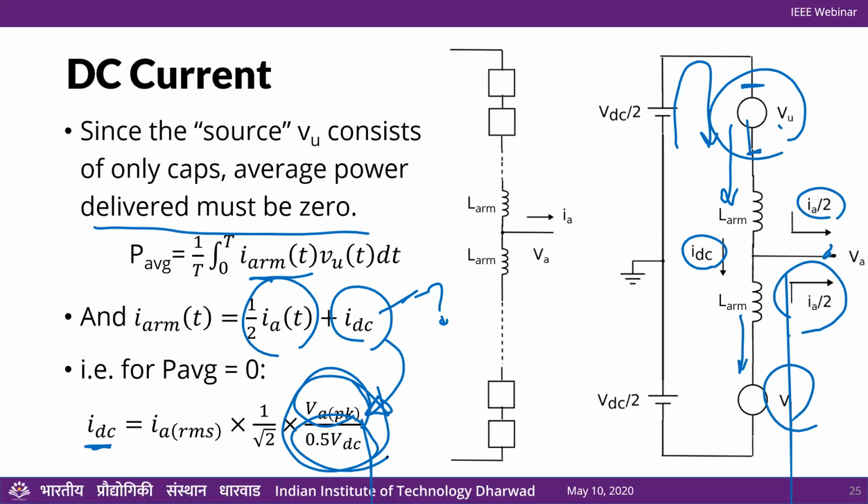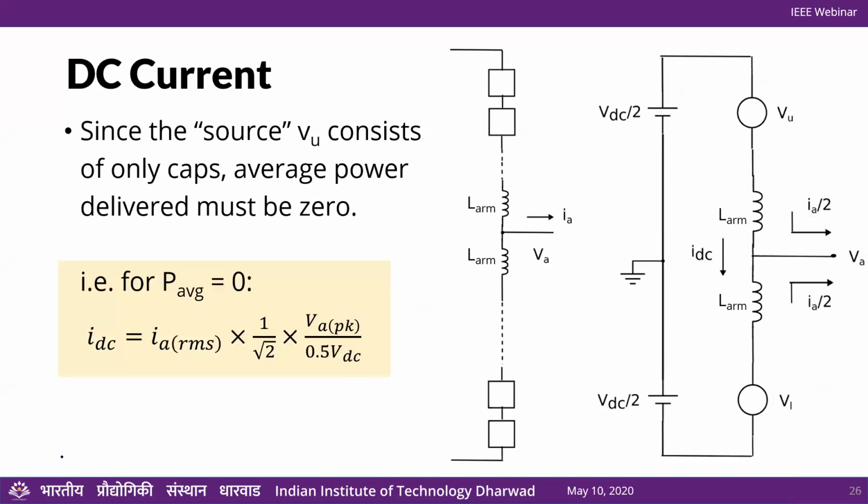So this is, in some sense, the modulation index. So the higher the modulation index, the higher your IDC, which is expected, right? You're delivering higher power, so your IDC is higher. I haven't introduced the term modulation index for a very good reason here. We're not talking about modulation index.